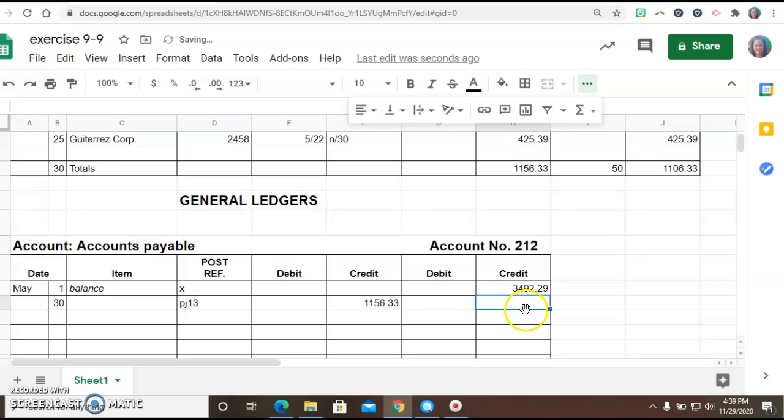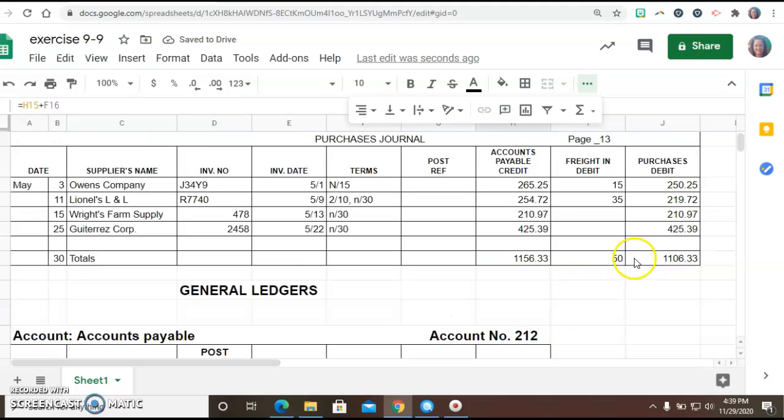So if we're crediting a credit, remember we add. Okay, so we've got our new updated balance here for our accounts payable. All right, we're going to indicate underneath here that we posted that in account 212. Okay, that's how we show that that was posted.